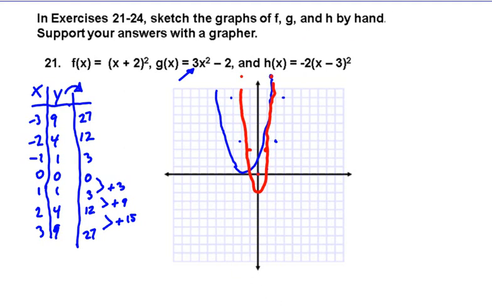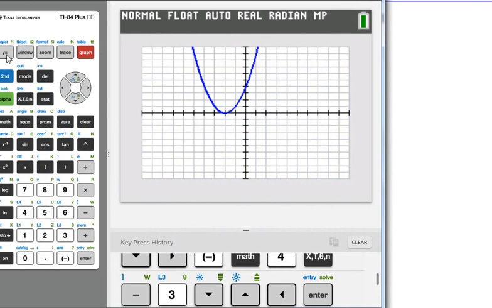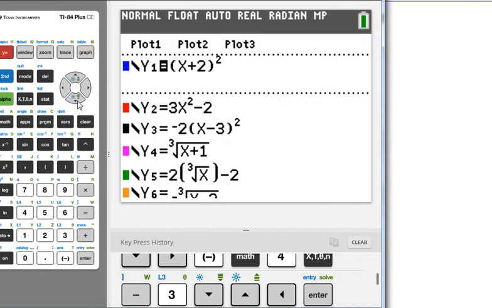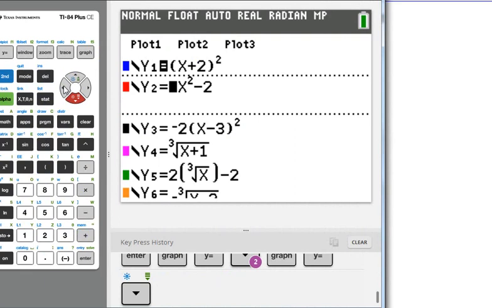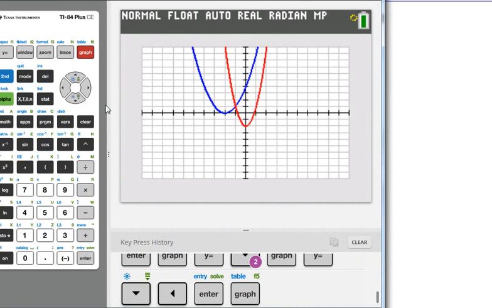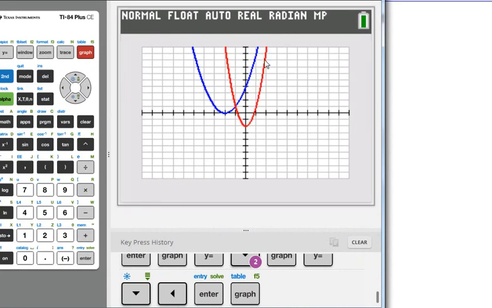And again, I have pre-entered this function as well, so I go over to the equal sign, activate, and press graph. And I hope you can see that we have this vertically stretched parabola translated down 2 units.